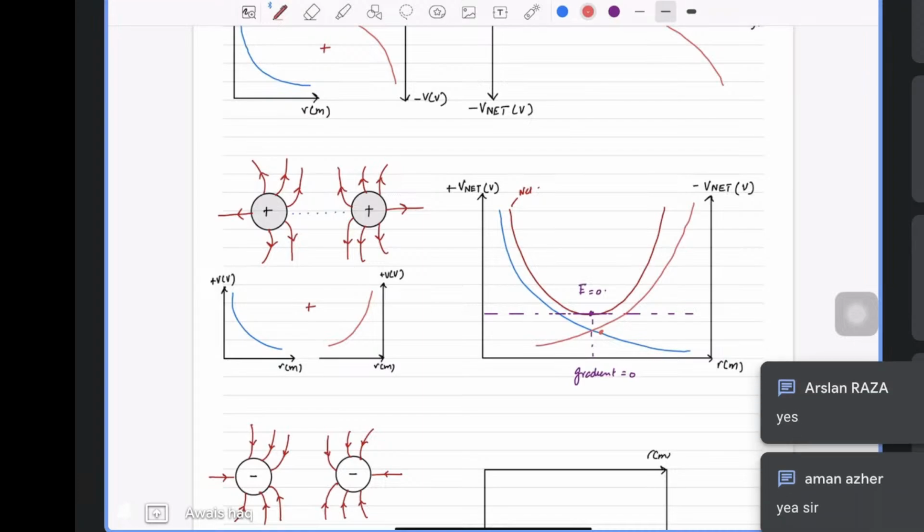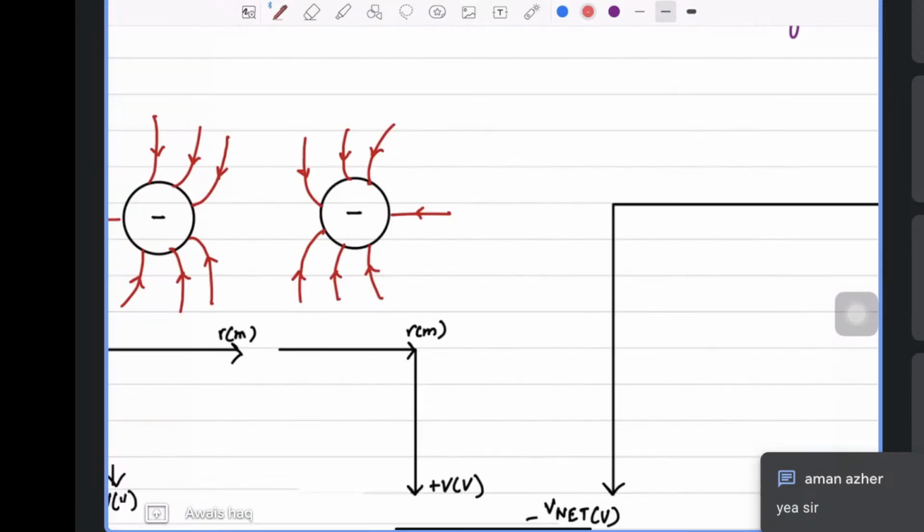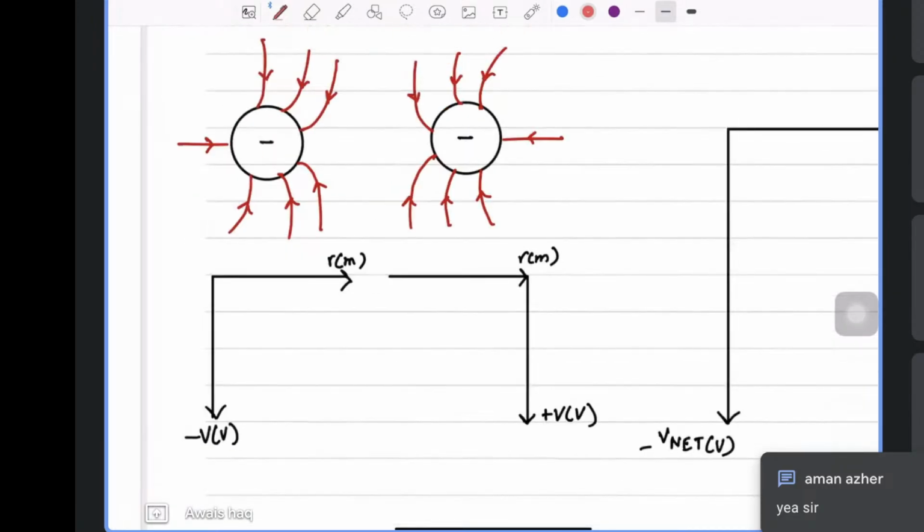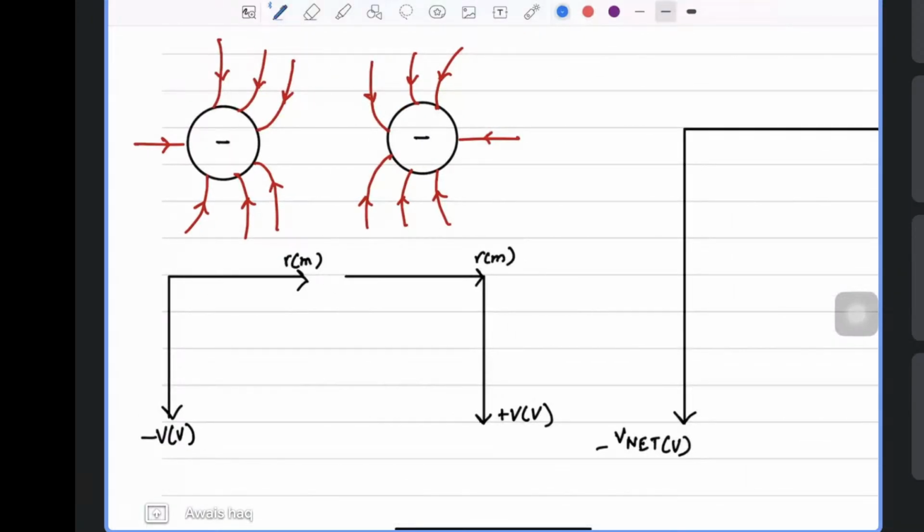Now considering this, these two are very similar. If you go away from this, in this direction, the potential is going to get less negative, and then when you are reaching the negative charge, the potential is going to get more and more negative again.